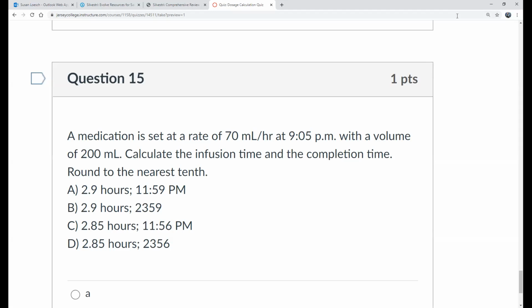They took the 0.9 and multiplied it times the number of minutes in an hour, which is 60, because that 0.9 represents a fraction of an hour. So 0.9 times 60 should give you 54 minutes. And when you add that 54 minutes onto 11:05, that brings it to 11:59 p.m.